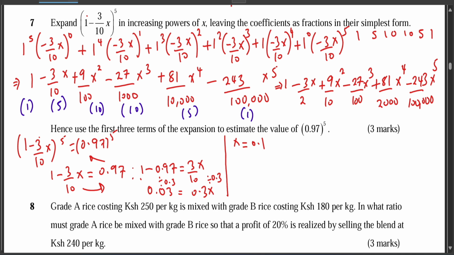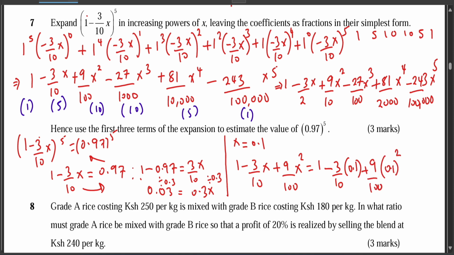So use the first 3 terms. The first 3 terms were 1 minus 3 over 10x plus 9 over 100x squared. Now you just substitute x with 0.1. So you write 1 minus 3 over 10 times 0.1 plus 9 over 100 multiplied by 0.1 squared.